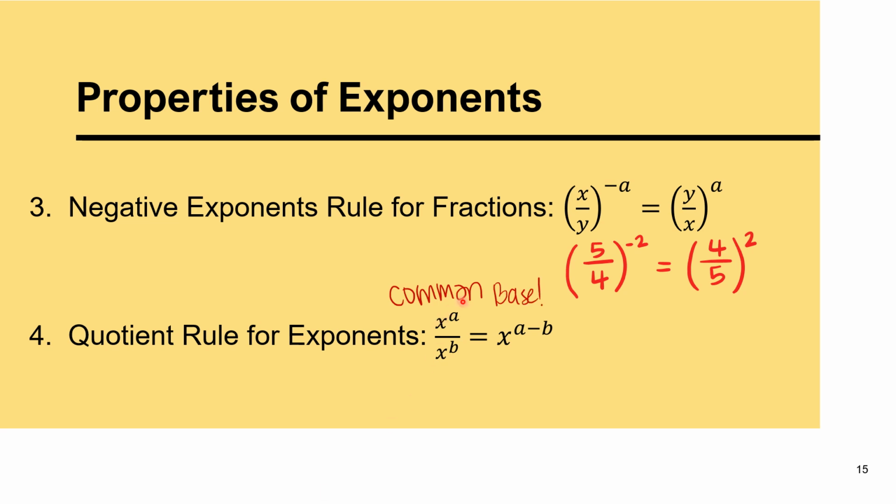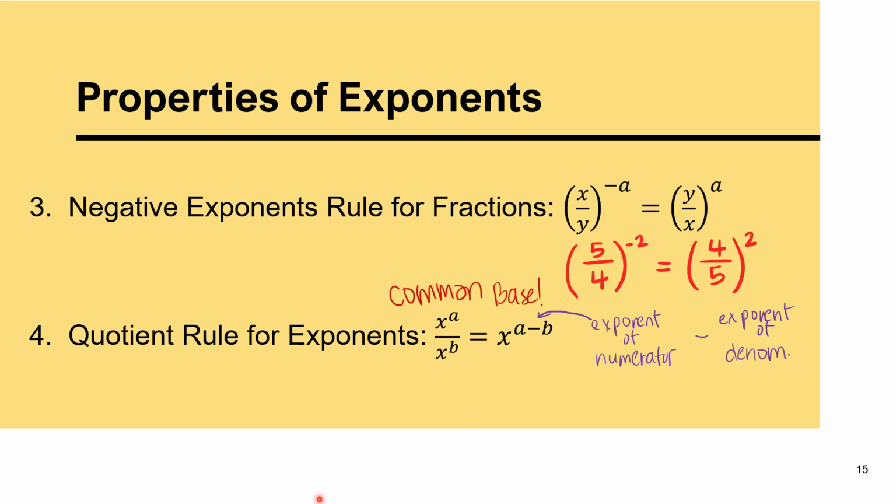So x to the a power divided by x to the b power, you can combine those into one term and you subtract the exponents, and it's always the exponent of the numerator minus the exponent of the denominator. So it's always numerator minus denominator. And again, that only works if you have a common base.